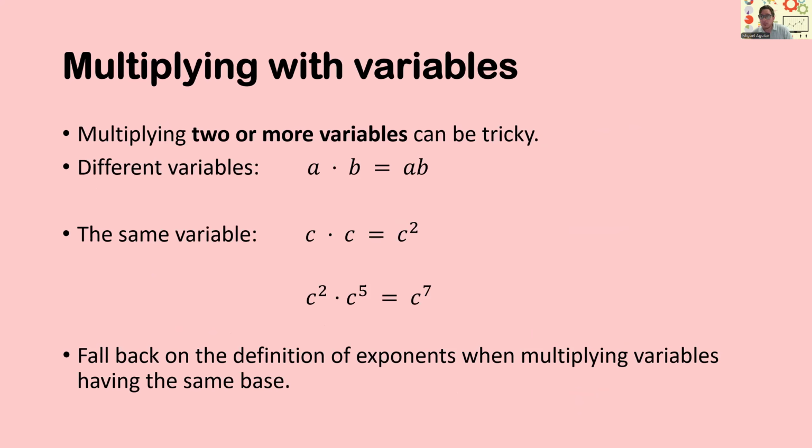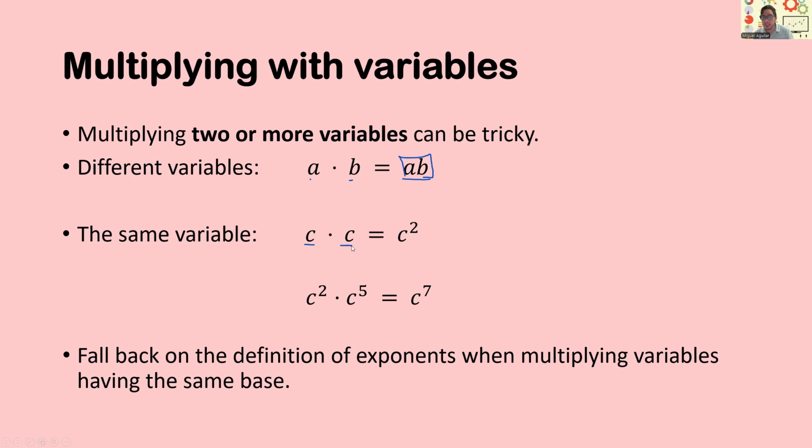So multiplying variables can be a little bit tricky, but what you have to understand is this. If you multiply 2 different variables, what we usually do is just stick those 2 letters together. So a times b, you'll see it written as ab, but that's the same thing as a times b. Okay. If I have the same variable, then I can use exponents to shorten or simplify the expression.